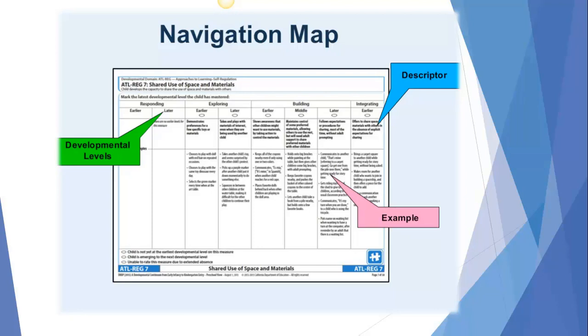We have descriptors for how many developmental levels? Say 1, 2, 3, 4, 5, 6, right? So right here are these descriptors. What are those descriptors describing? These are examples. Now, one of the things that teachers will try to do is that they'll just try and put all the examples. Oh, I've seen this. Oh, I've seen this specifically.